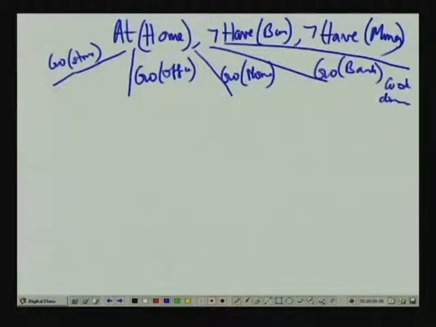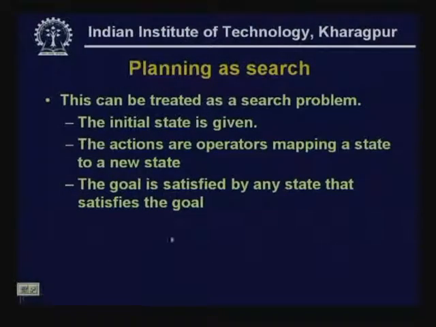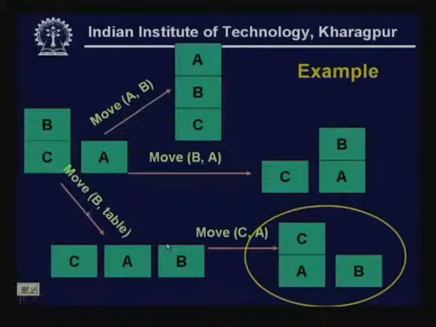As a result of the go store action, the initial state will get transformed to a different state, and from this state again different actions can be applied. So, we see that we have a state space formalism, and we can search in this tree until we get a state where the goal conditions are satisfied. So, the planning problem is actually a search problem. So, this is another example of the planning problem.